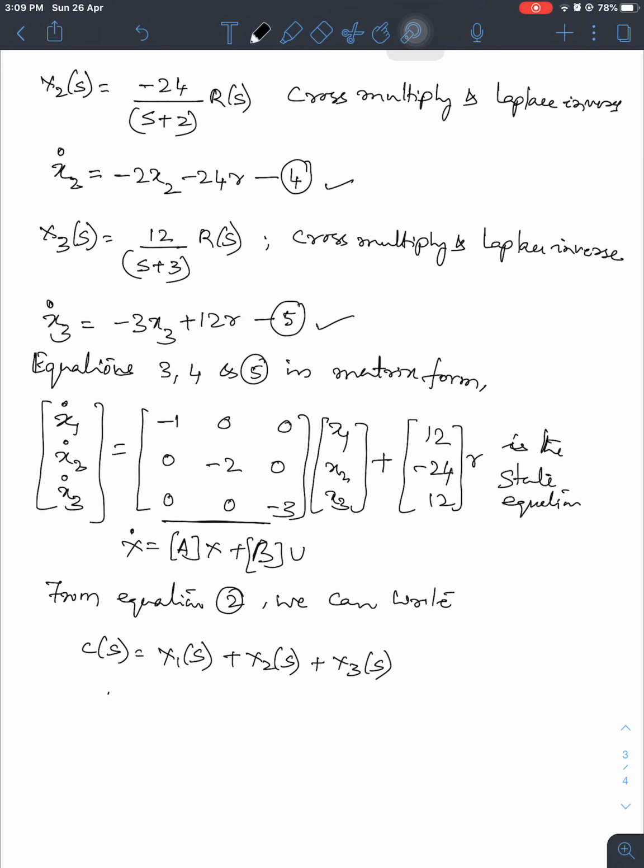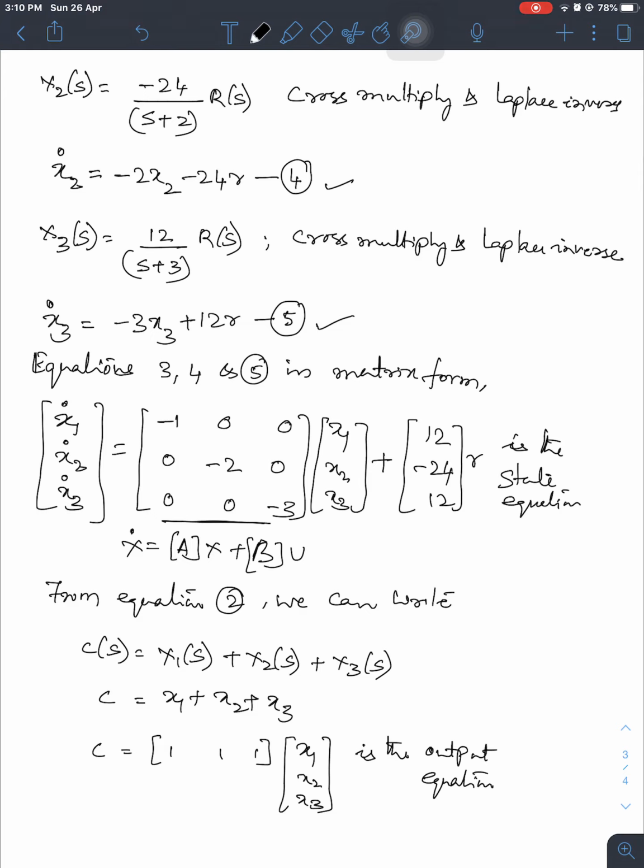Or in other words, with Laplace inverse, it becomes c equal to x1 plus x2 plus x3 in time domain. If we put it in vector matrix form, output c is nothing but 1, 1, 1 times x1, x2, x3. So this is the output equation. So this is equation 6, equation 7.